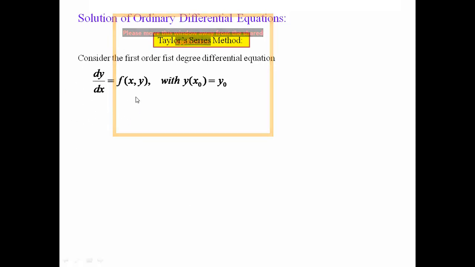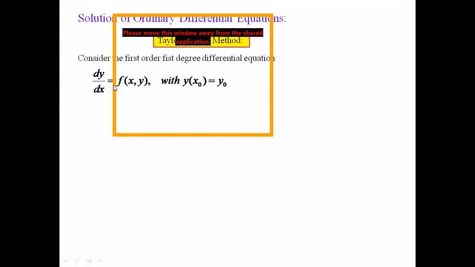Here, the differential equation is given, that is dy by dx is equal to f of x, y, with initial condition y of x naught is y naught. When the initial condition is given, we can find the solution for this differential equation.